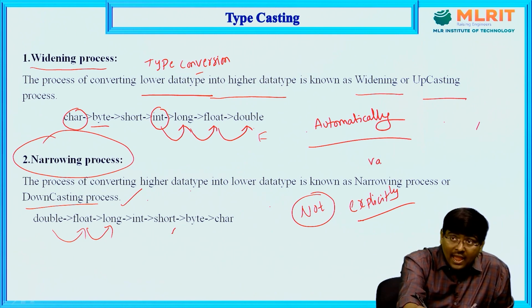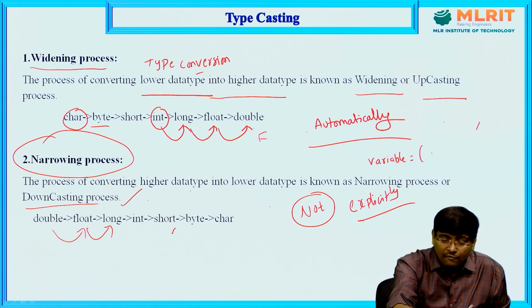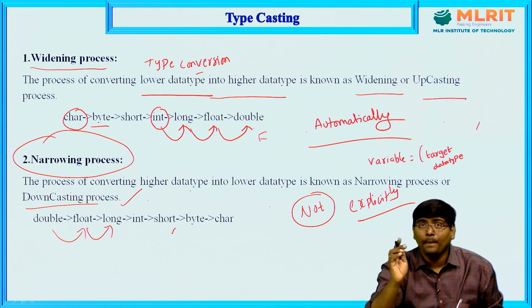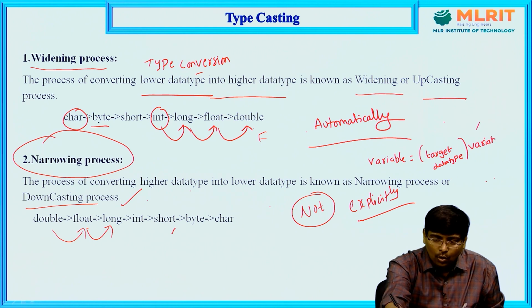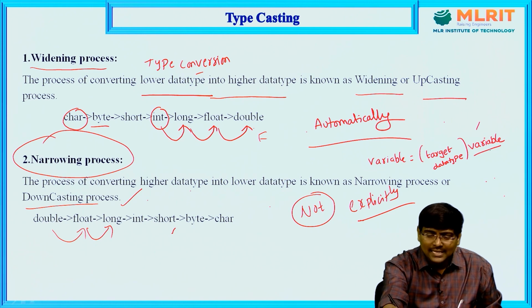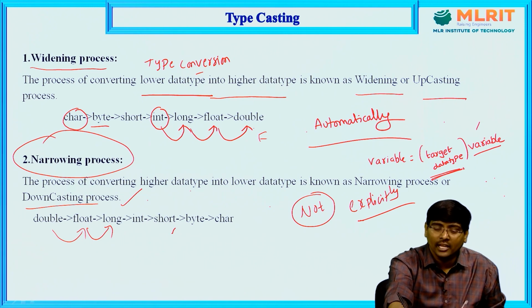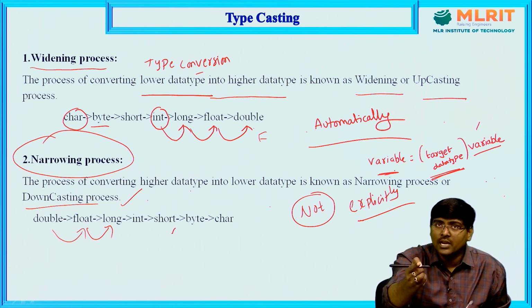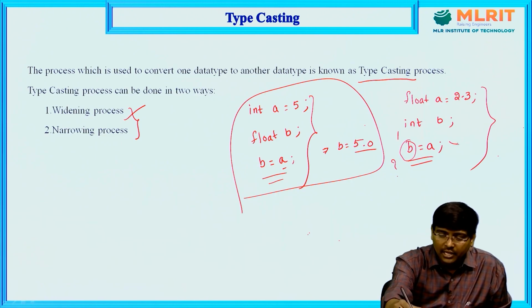Variable is equal to, within parentheses, write the target data type, followed by the variable. What is the meaning? Simply, this is the variable that is to be converted to this data type. Obviously, this variable is of this data type. Coming to the previous example, here it gives an error.